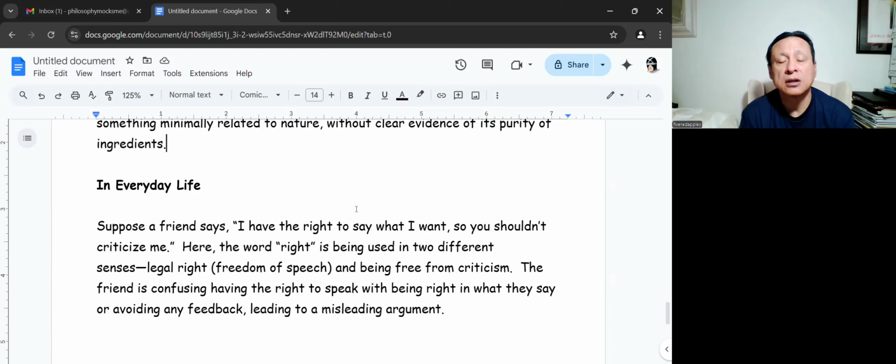Right? So yes, you have the right to say. This is the same thing where people say all people are equal. Yes, in a legal sense, all people are equal. But you and I are not equal, right? One of us is smarter than the other. One of us knows more about philosophy than the other. One of us knows more about fixing cars than the other. One of us knows more about computers than the other.